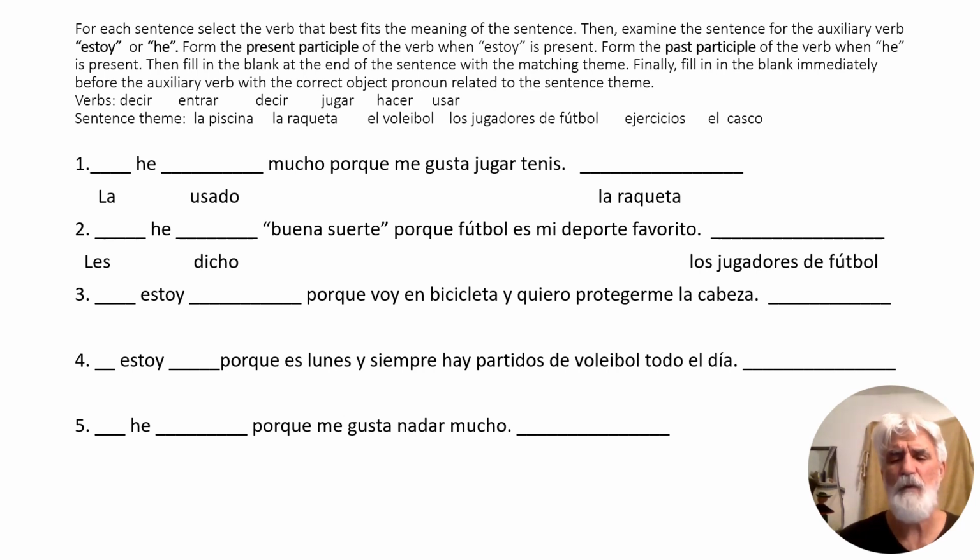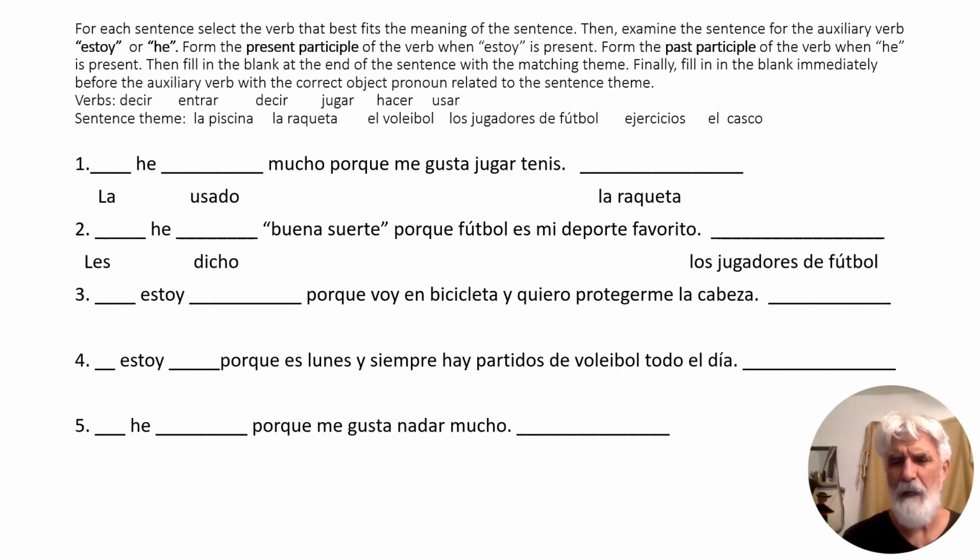Now we've got estoy as our auxiliary verb. So we're in the present progressive. Okay, so we have to put the present participle of whatever verb we choose. Well, let's try to figure out what verb we want to use here. Estoy blank. I am doing something porque voy en bicicleta, because I'm riding a bike, y quiero protegerme la cabeza, and I want to protect my head.